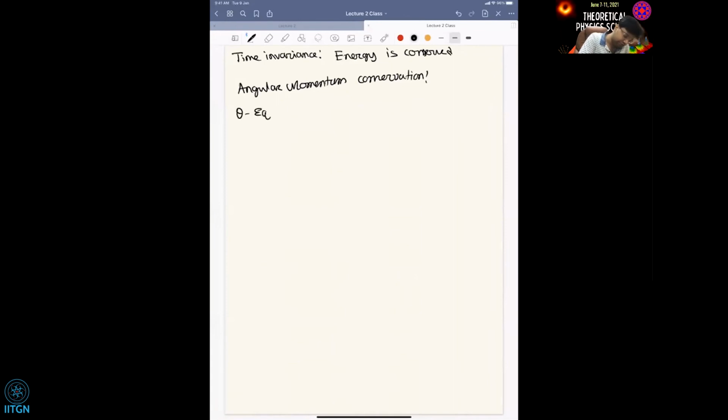It is ∂L/∂θ − d/dτ(∂L/∂θ̇) = 0. If you calculate this from the Lagrangian, you will be able to show that it looks like r²θ̈ + 2rṙθ̇ = r² sinθ cosθ φ̇².